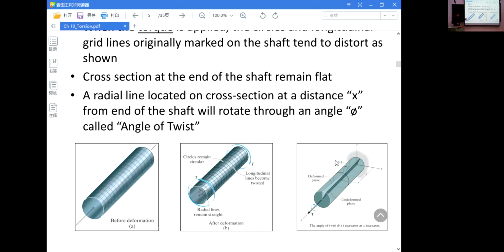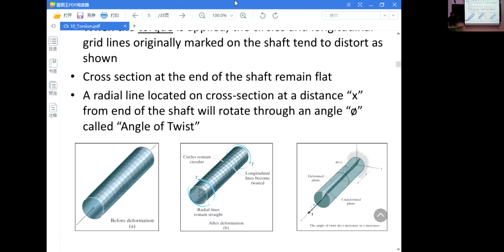But just for the circular rod, the line means a cross section, and after deformation it also means a cross section. For this kind of rod, it is not. They are different. So we can only find the shear stress for a circular rod.